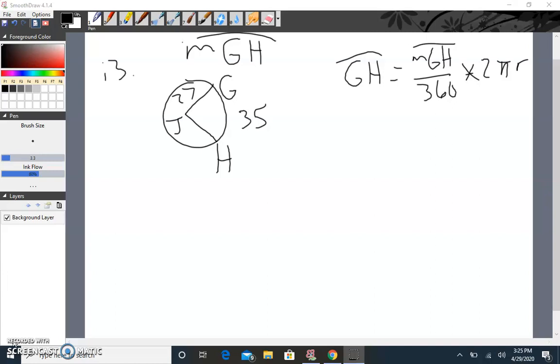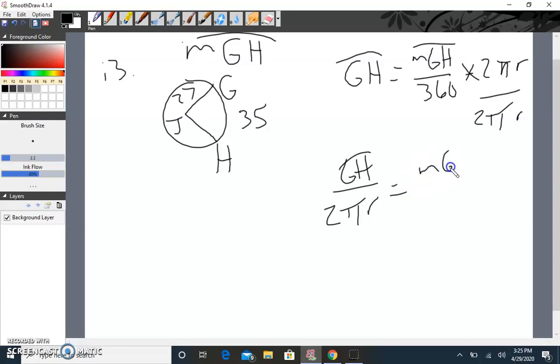So if we rearrange that formula, because what we're trying to look for is the measure of GH. We have the arc length and we have the radius, and so we're trying to look for this. So if we divide by 2 pi r on both sides, we get the arc length GH over 2 pi r equals the measure of the angle over 360.